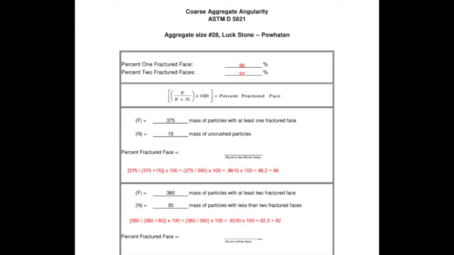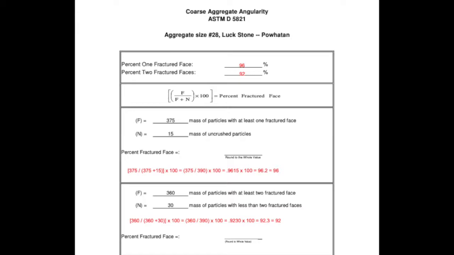The second portion of this equation is determining the amount of two fractured faces. Same formula, different values. 360 is the mass of particles with at least two fractured faces. 30 is the mass of particles with less than two fractured faces.